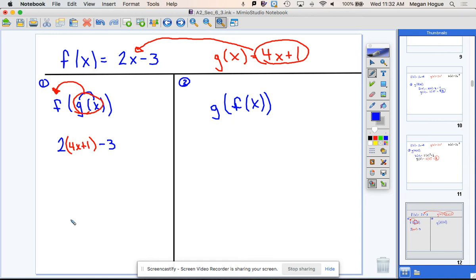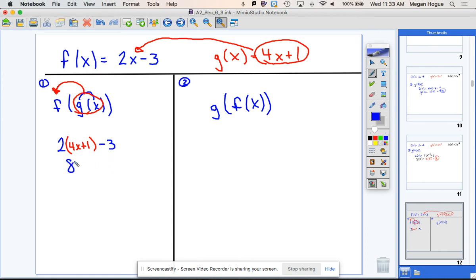And we're just going to work on simplifying. Now what do I need to do? Distribute. Yeah, so distribute the 2. And then what? Take 2 minus 3. And then, so you're right, combine like terms.